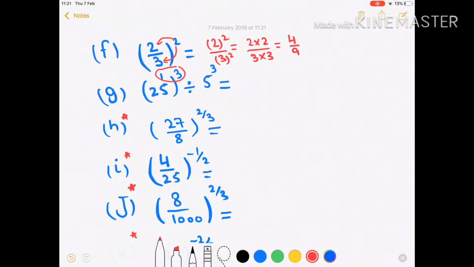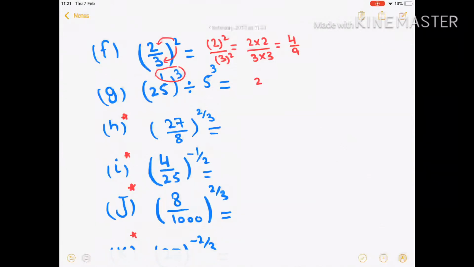Next question, G. In raising one power to another, you have to multiply them. So 1 times 3 is 3, so 25 to the power 3 divided by 5 to the power 3. Next we have to simplify 25: 5 times 5, and the power is 3, and at the bottom 5 to the power 3.